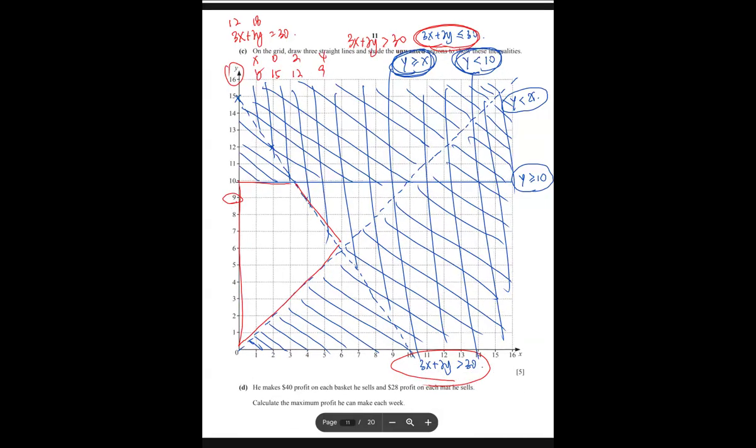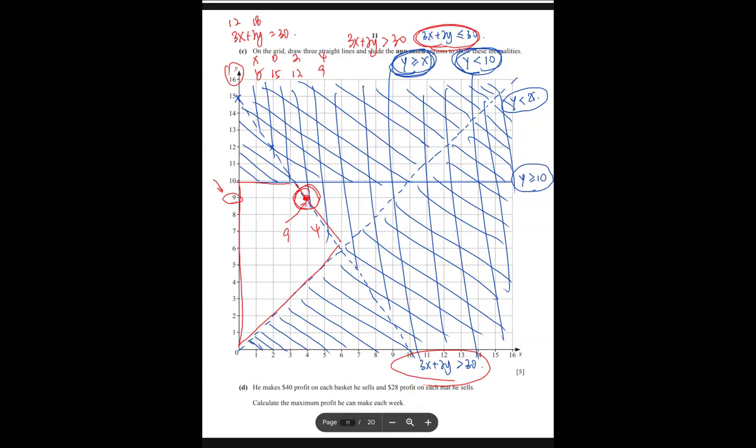So that's the maximum number of mats that he can make. So what's the maximum number of baskets he can make, given this? Now, this can lie on this region here because you're drawing the dotted line. The dotted line is not included in the region that you want. Okay, so to maximize the profit, you need to choose this point, which is 9 mats and 4 baskets.